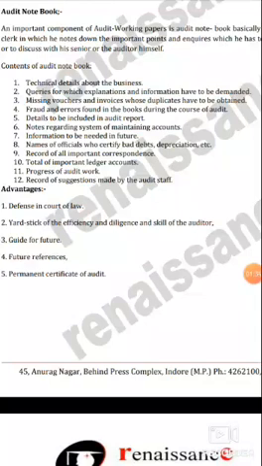And next, let's see the advantages. An advantage of the audit notebook is defense in a court of law. The working papers and the notebook are useful for the defense of the auditor in law, and as a yardstick of the efficiency, diligence and skill of auditors. So he will be recording all the things, and this reveals the skills of the auditor and is a guide for the future.